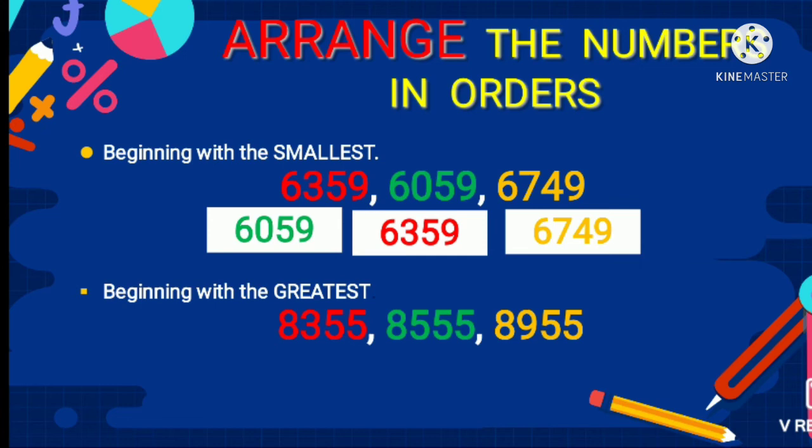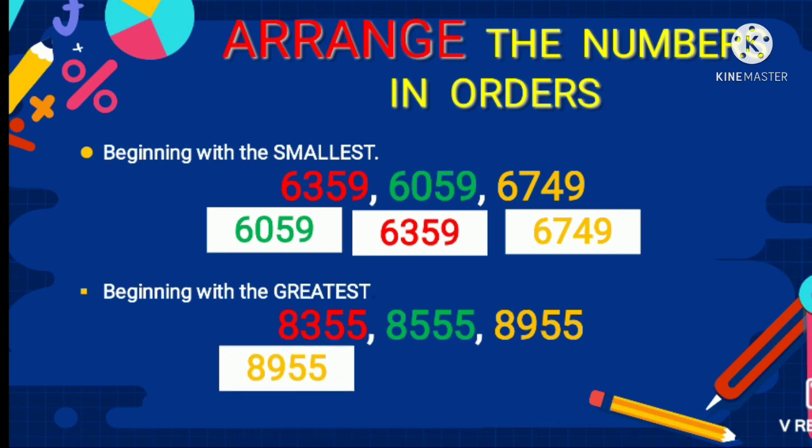So let's compare the first number, 1,000, 8, 8, and 8. It's the same, so we cannot compare. And then how about the 100? 3, 5, and 9. Are they different? Yes, definitely. So let's compare, guys. Which one is the greatest? 3, 5, and 9. Okay, so 9 is the greatest.